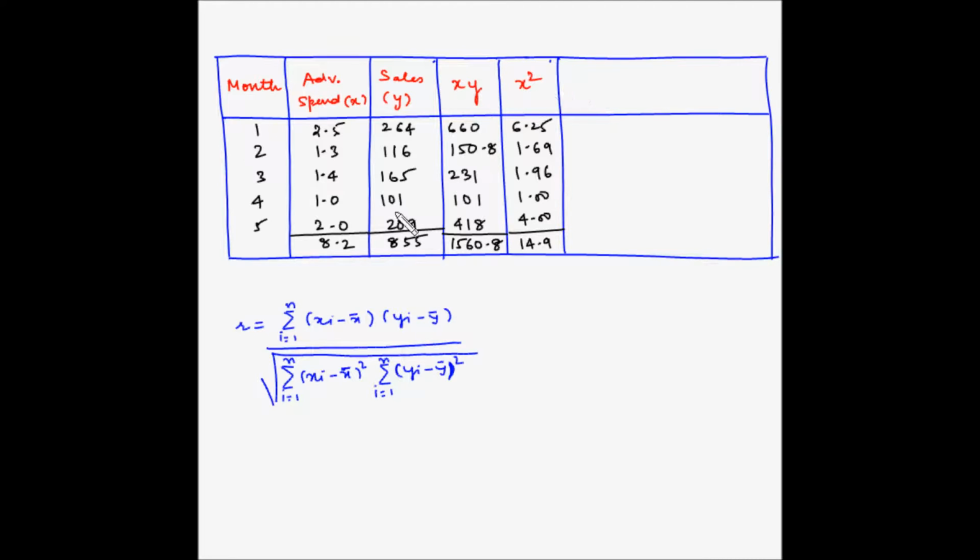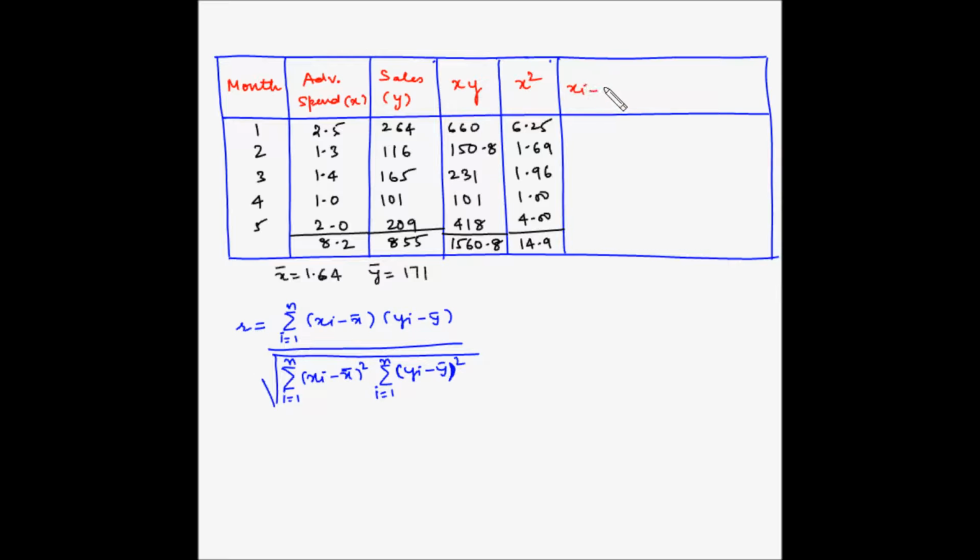So let us first find the value of xi minus x bar and then yi minus y bar. Now we had already found out that x bar is equal to 1.64 and y bar is equal to 171.